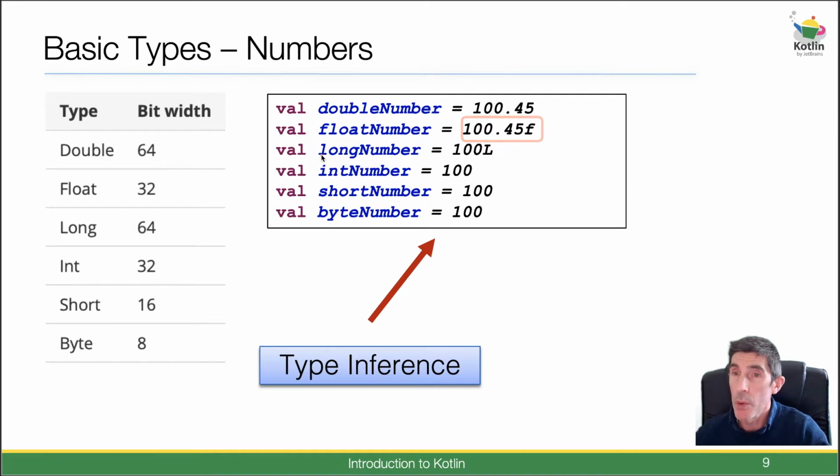For long, it's a big L. And we'll see some other characters that we can use to make identifying the value and the number a little bit easier in the next couple of slides. But again, this is just how we infer the type. Either or is fine if you want.